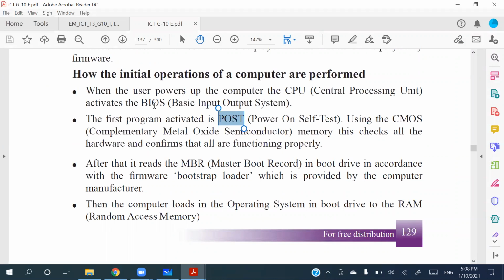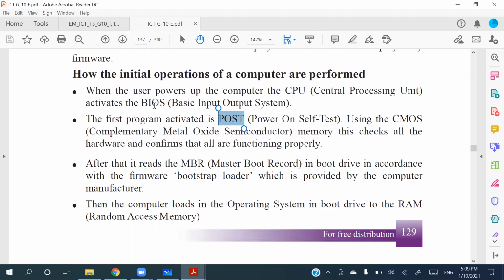Yes. So the booting process means it's the system, but it's not a program, because it is the things that are written in by the manufacturer into the BIOS chip. So the very first program activating is POST, power on self-test. It will use the CMOS and check all the hardware and confirm that all are functioning properly.